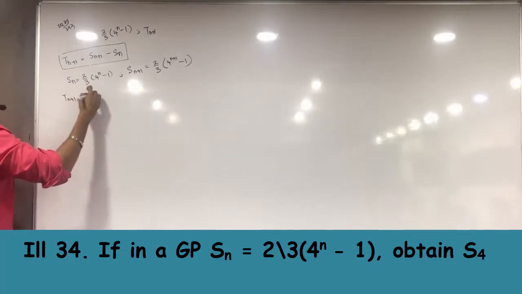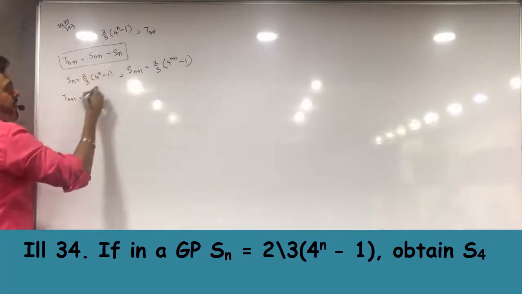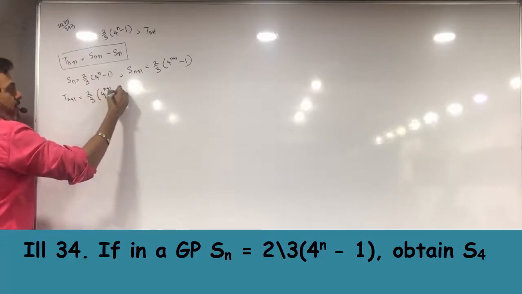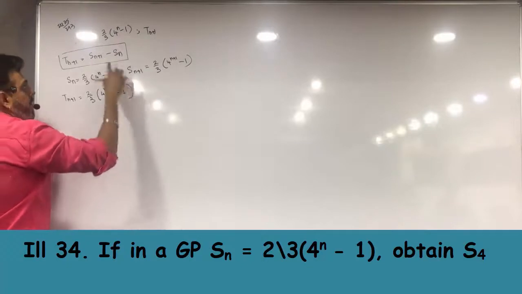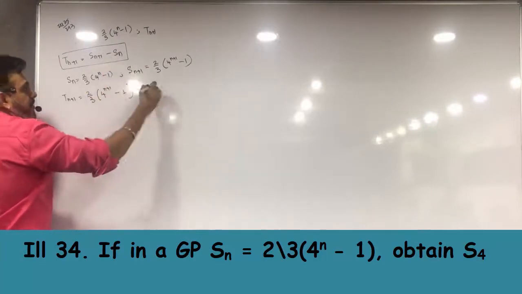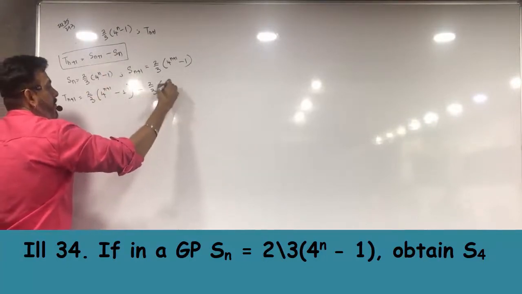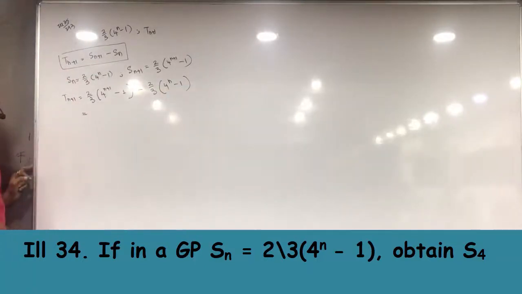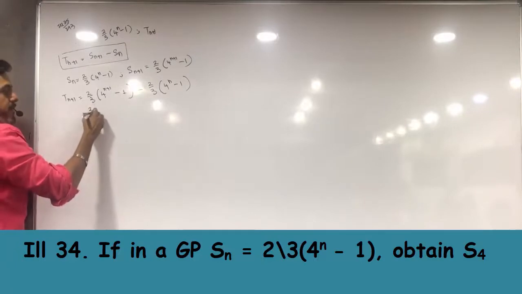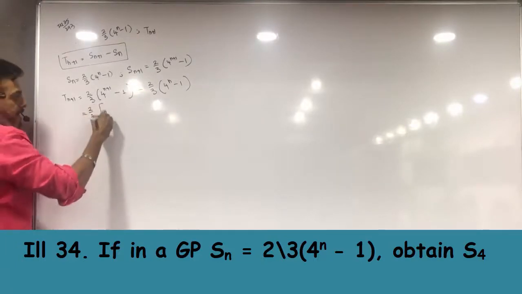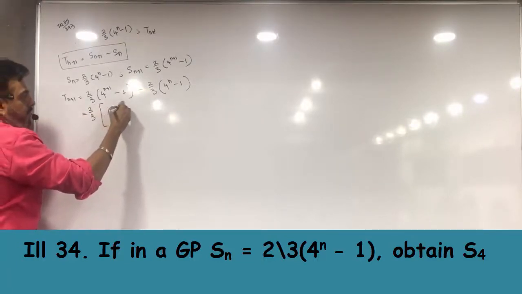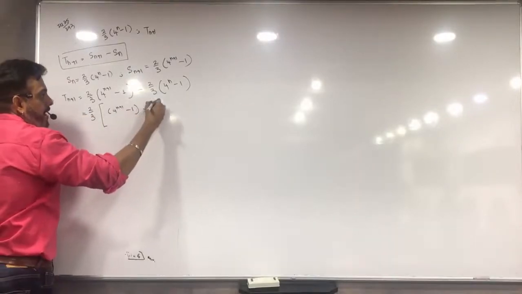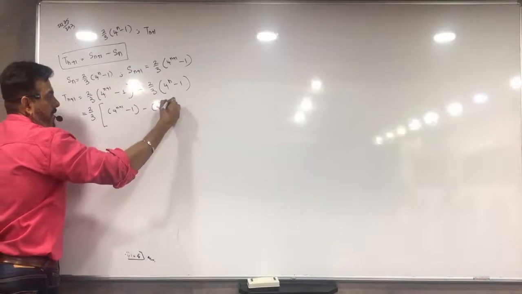Tn plus 1 is equal to, what is Sn plus 1? 2 by 3 into 4 raised to n plus 1 minus 1 minus S of n, again 2 by 3, 4 raised to n minus 1. What is common in both of them? 2 by 3. So I write in the bracket 4 raised to n plus 1 minus 1 minus 4 raised to n minus 1.